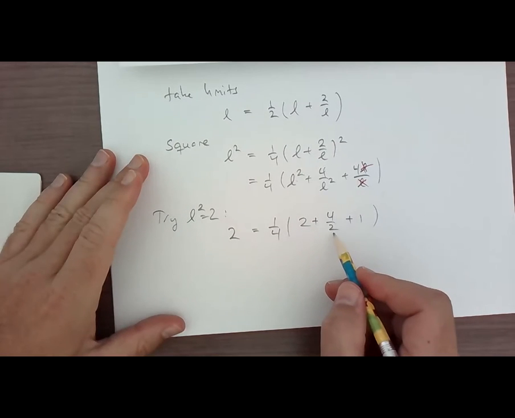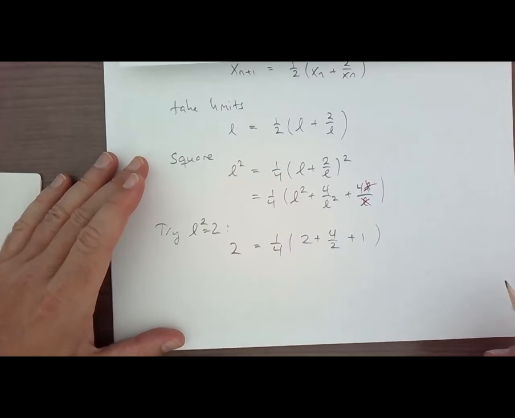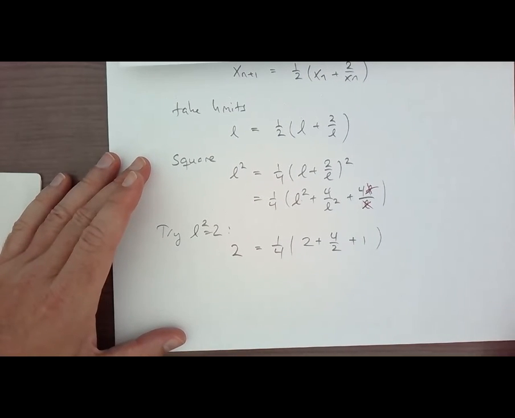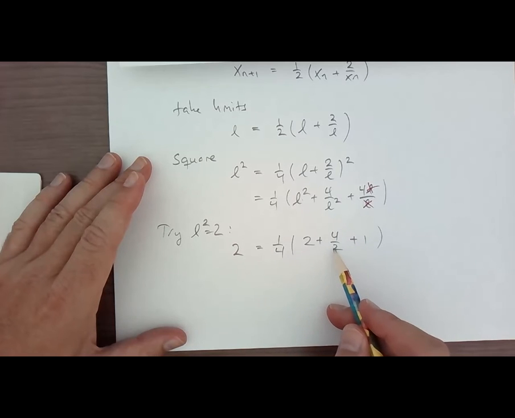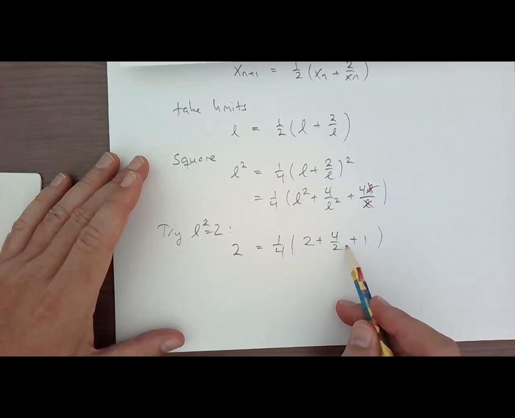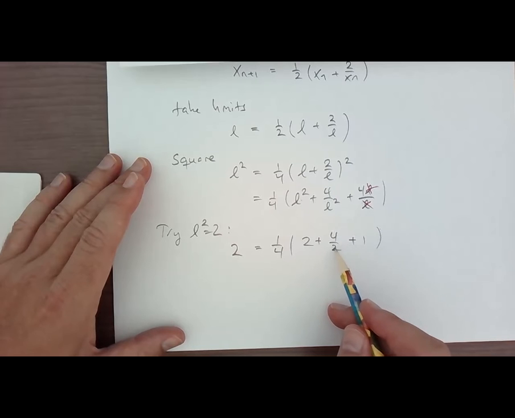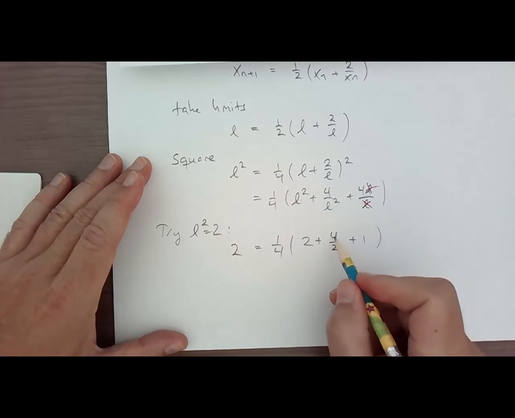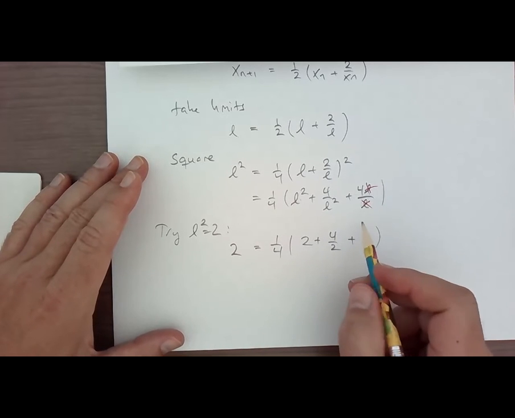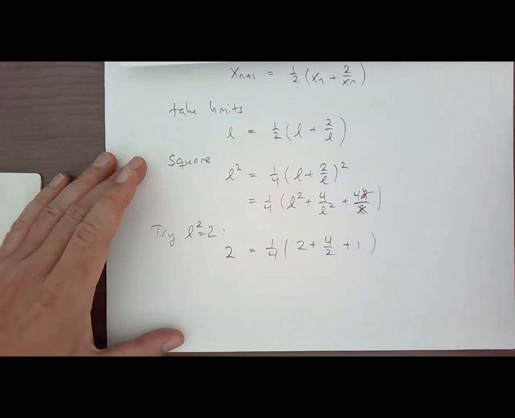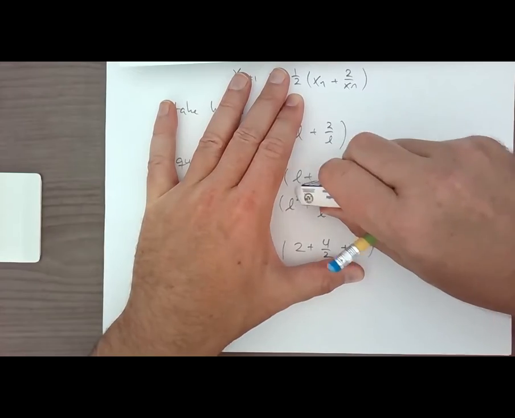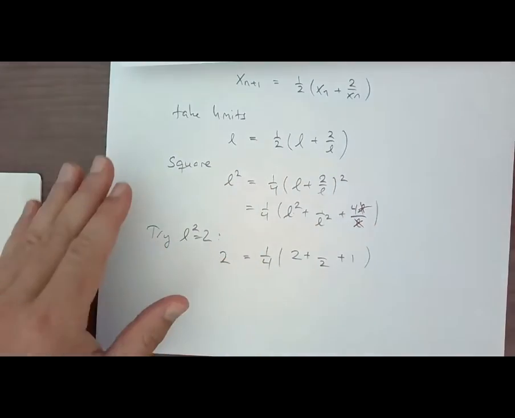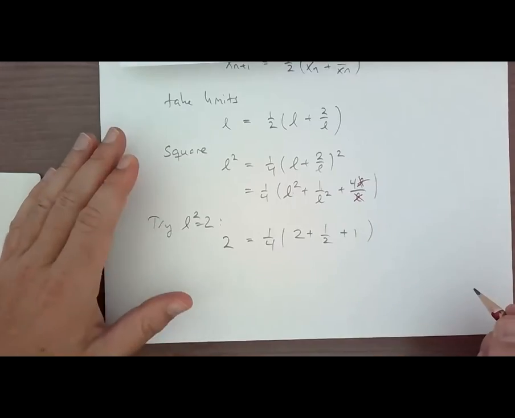Well, it's not looking very promising. I made a mistake somewhere. This should be 4, it's not 4. I'm missing something. That's right. 4 should be a 1. Yeah, thank you. Does that look better?